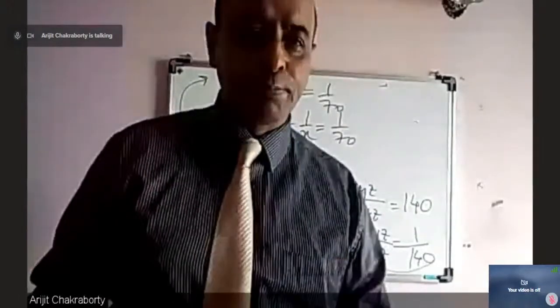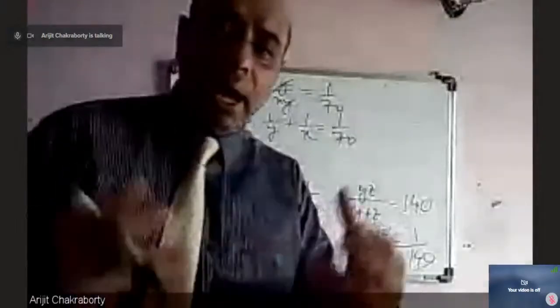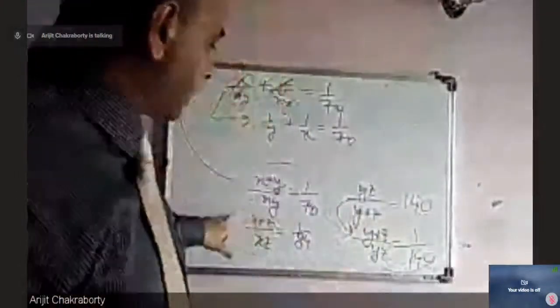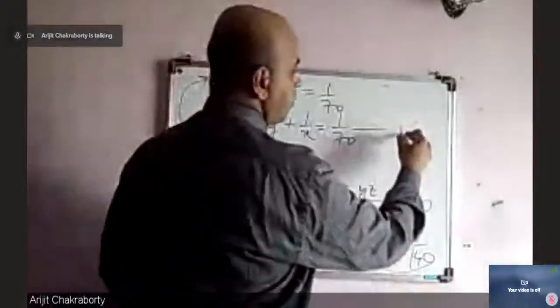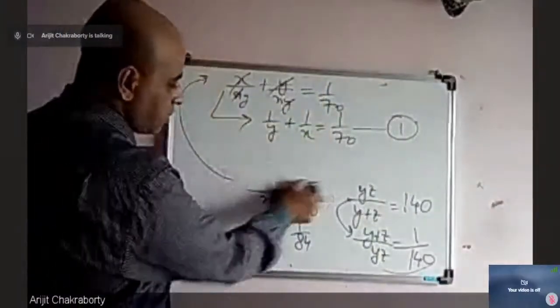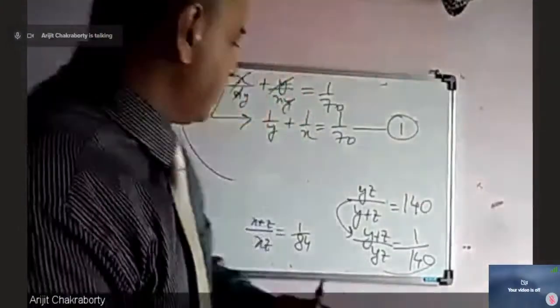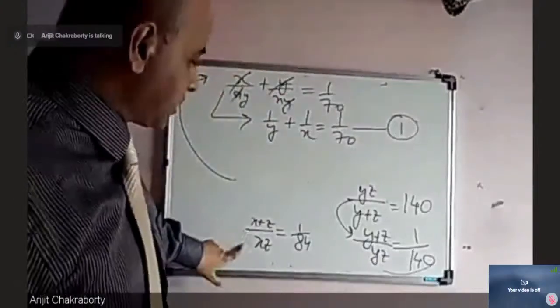So if you invert this, this is the first equation. I request you to try and invert and simplify the second equation. I will write number 1: (x + y)/xy equal to 1/70. The second equation we had (x + z)/xz. This can be simplified.